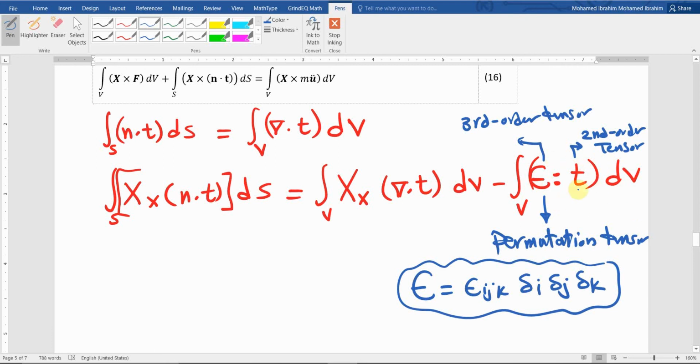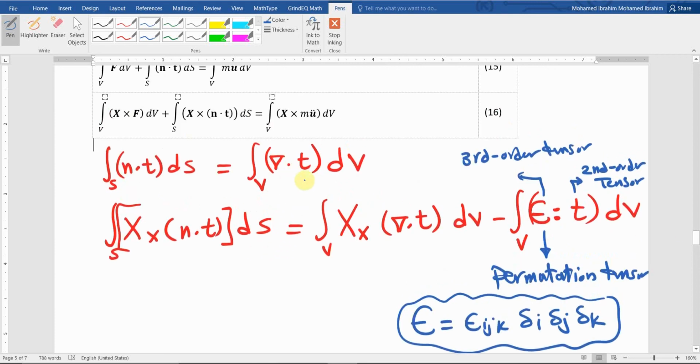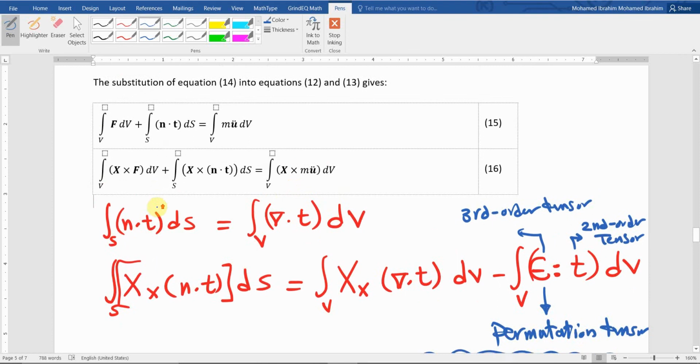So this multiplication gives a vector. This multiplication as well gives a vector, because nabla dot tensor gives a vector and vector cross vector gives a vector. This term also gives us a vector. So it means that we do have consistency, right? All of these quantities are vectors. This one is a vector, this one is a vector, and so on.